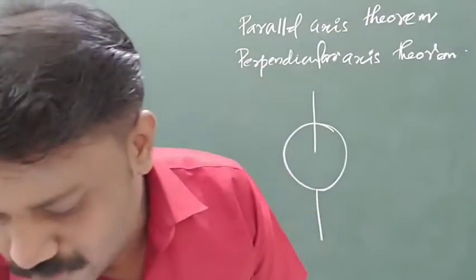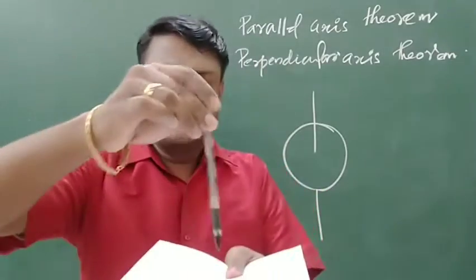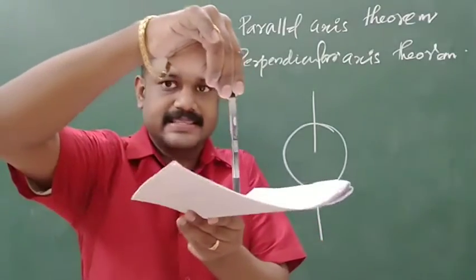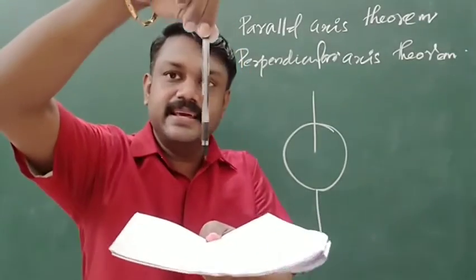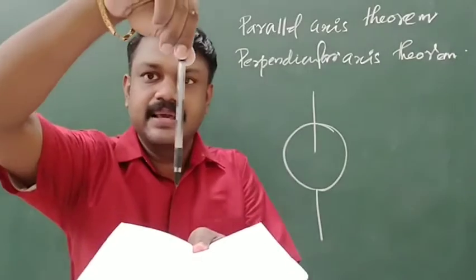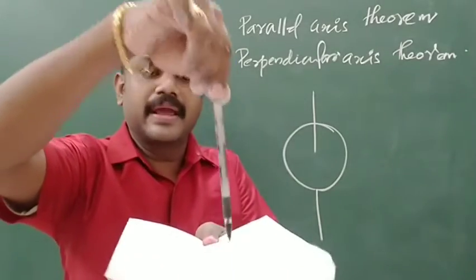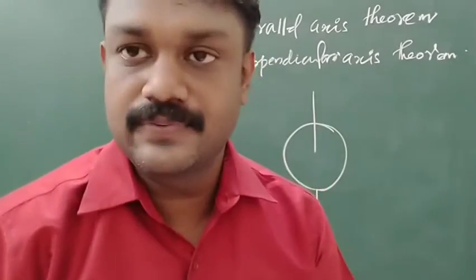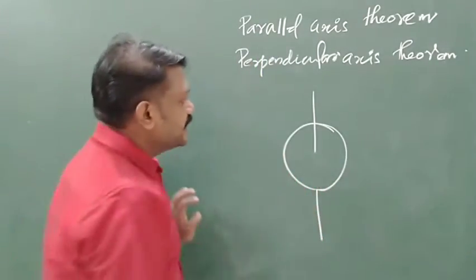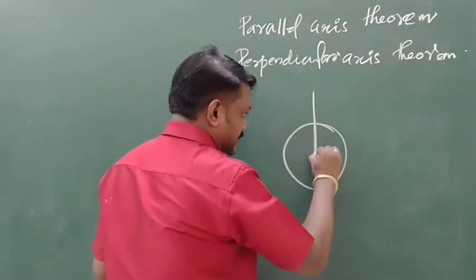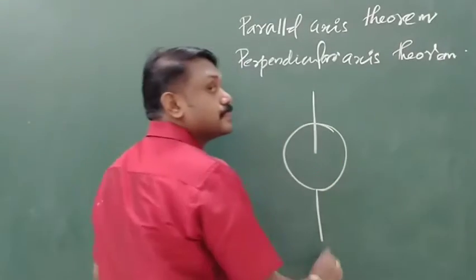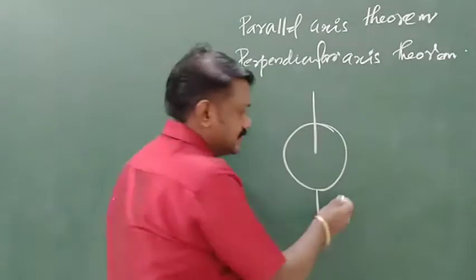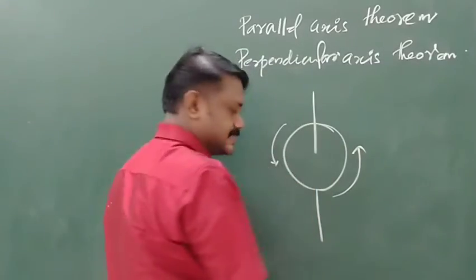If it is passing through its surface, it can be rotated about this needle. So this needle is the axis of rotation and it is perpendicular to the surface of that lamina. See, this can be rotated like this about this axis.